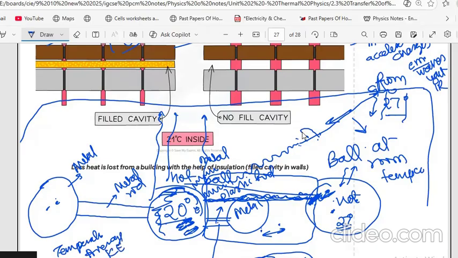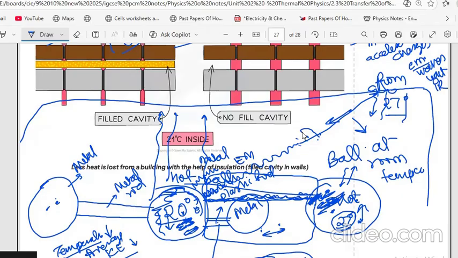As it's emitting EM waves, the energy of these particles is getting converted into another form, into an EM wave. So the energy of this will fall down, and the temperature will start falling, and at the same time, this other ball is getting more kinetic energy. The particles are vibrating more, so its temperature will start rising, and this will start falling.